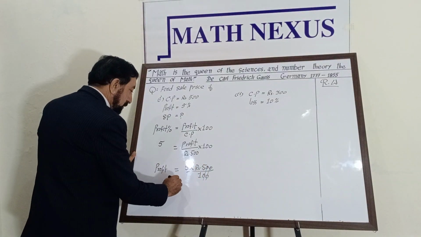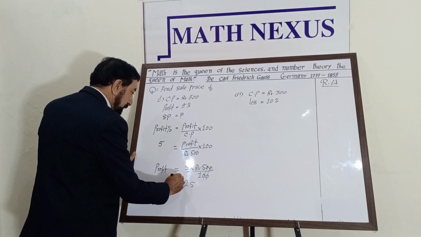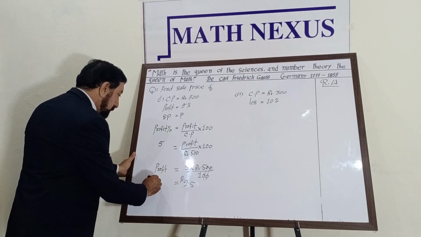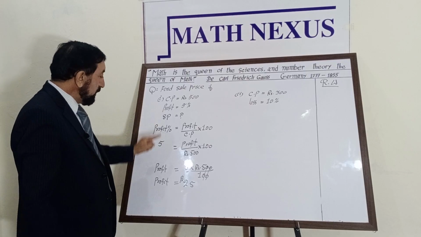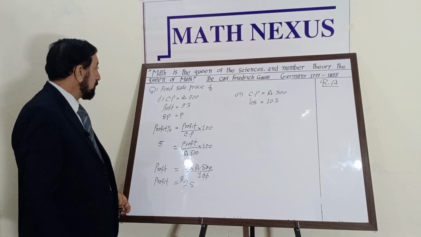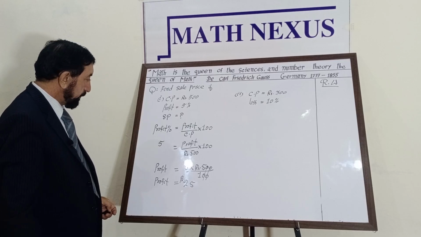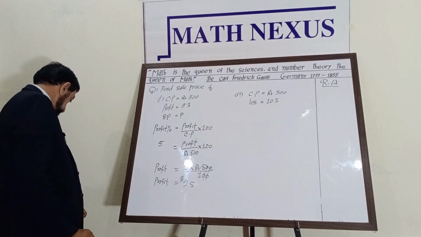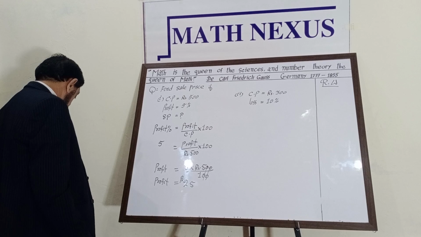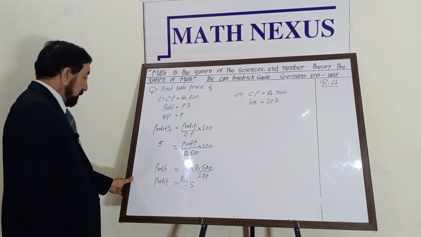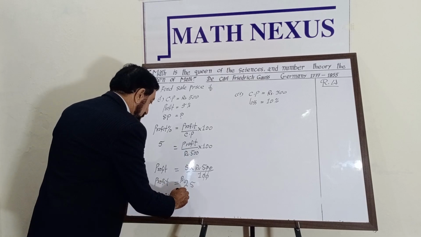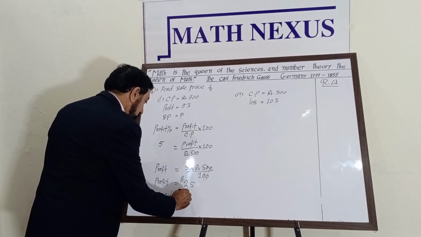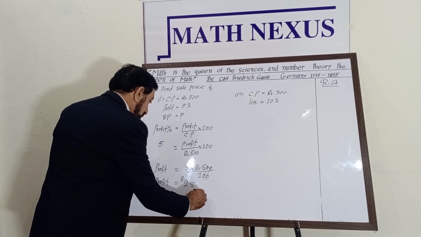5 fives are 25. Profit is equal to 25. Now profit is equal to sale price minus cost price.